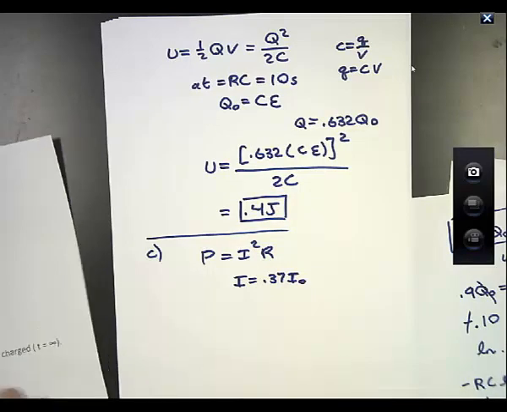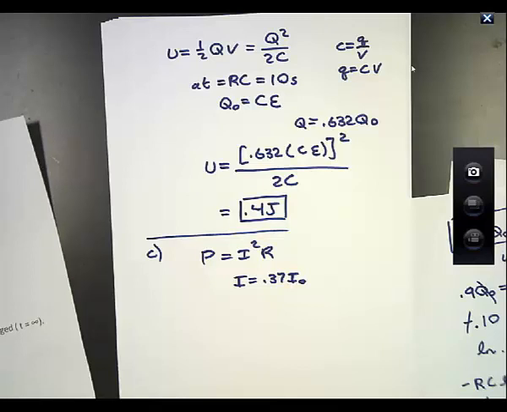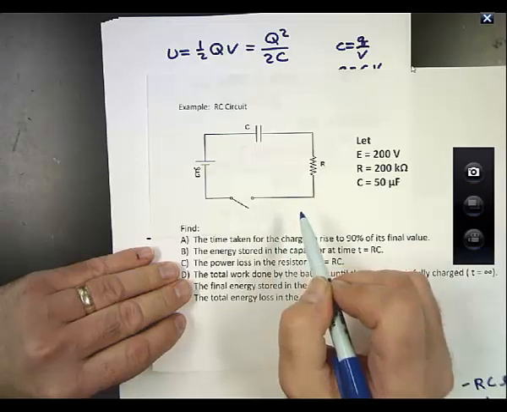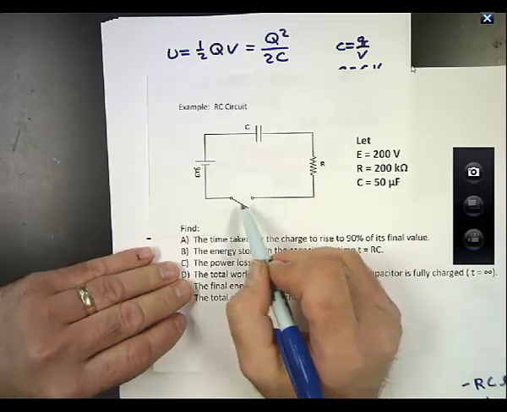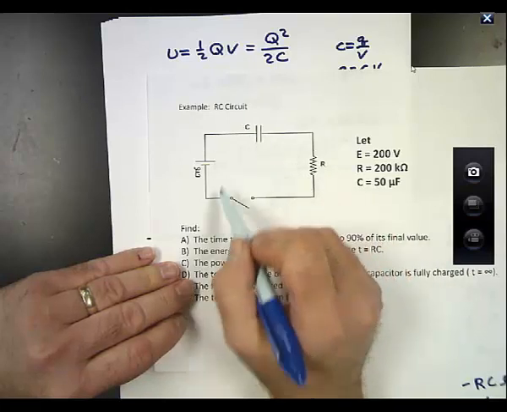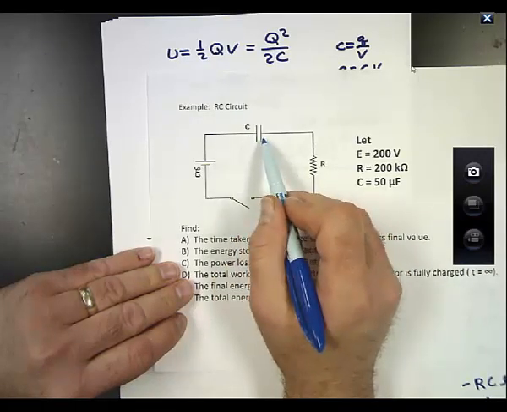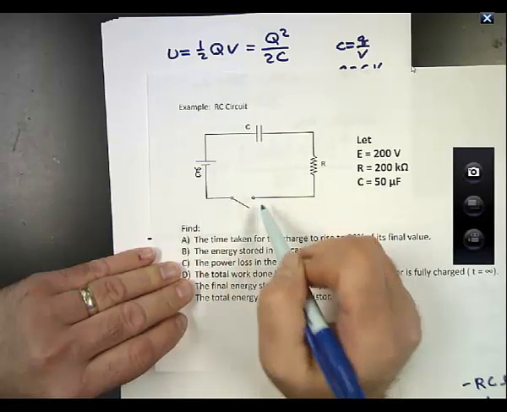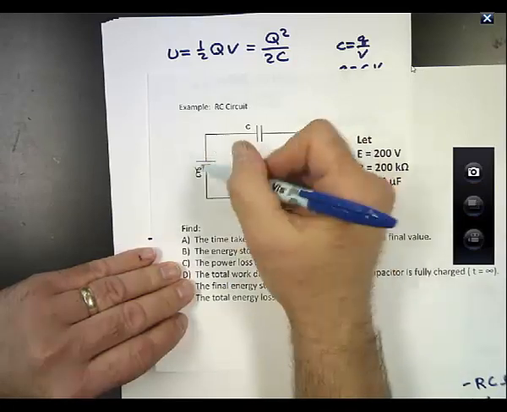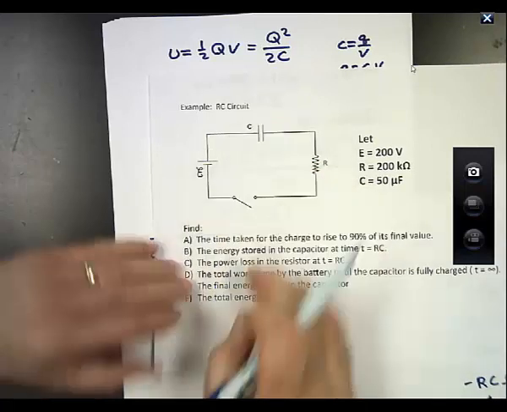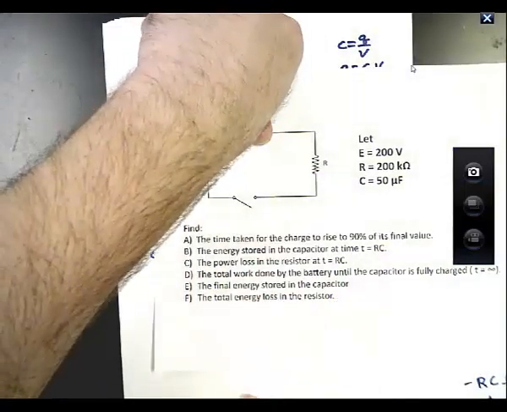Well, we can find the initial current because you can think of this when the circuit is initially closed. The capacitor is not going to stop things too much. In other words, this capacitor is like an empty bucket. It's going to fill up really fast. So when we flip the switch and make the connection, current's just going to flow like mad through this thing, and it's going to act as if it's just a resistor and a battery.